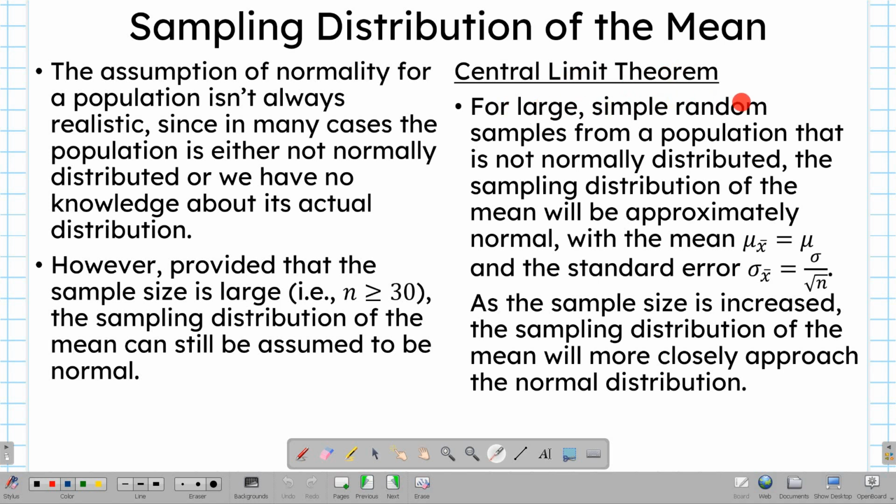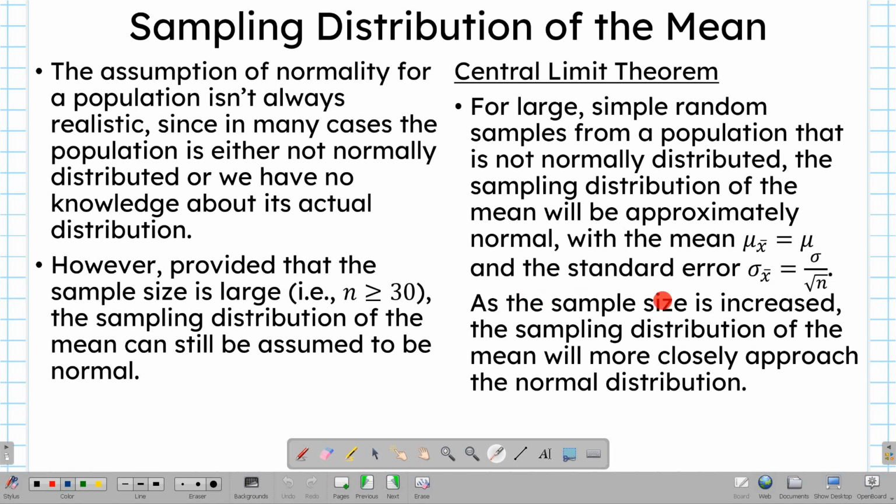That for large simple random samples from a population that is not normally distributed, the sampling distribution of the mean will still be approximately normal and it still follows its characteristics, with the mean of the distribution being the population mean and the standard error still following the same formula, as long as the sample size is large and simple random.